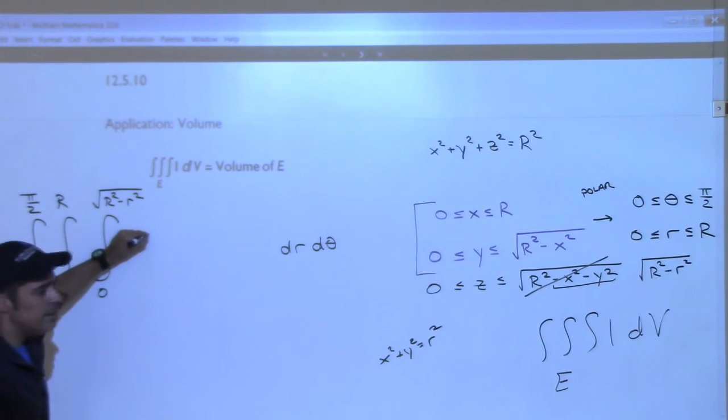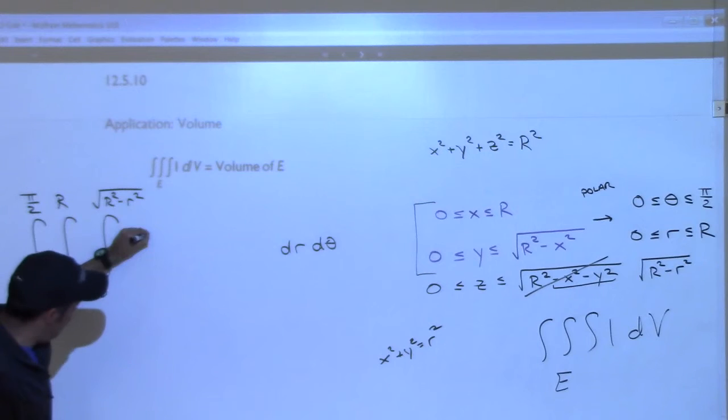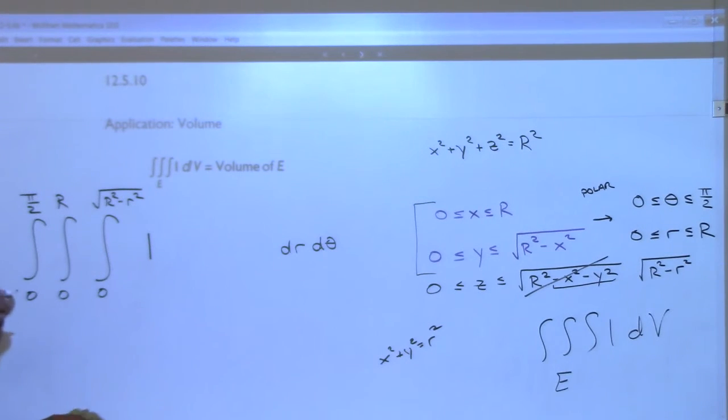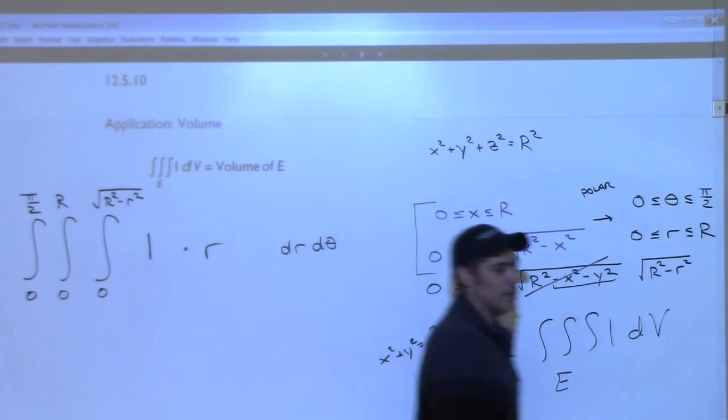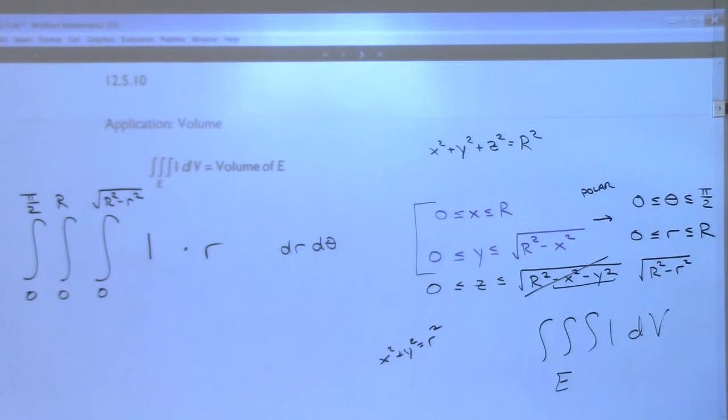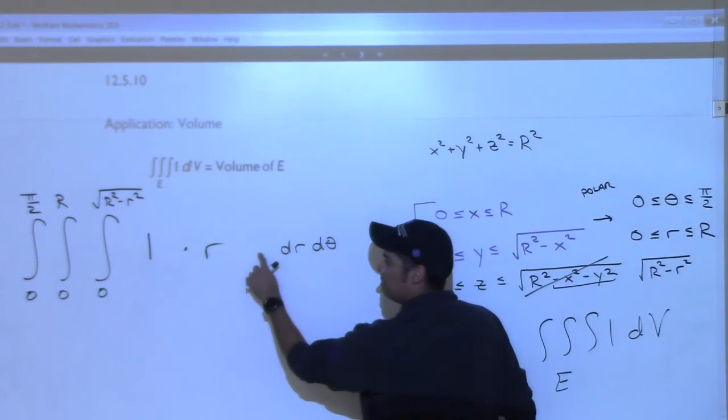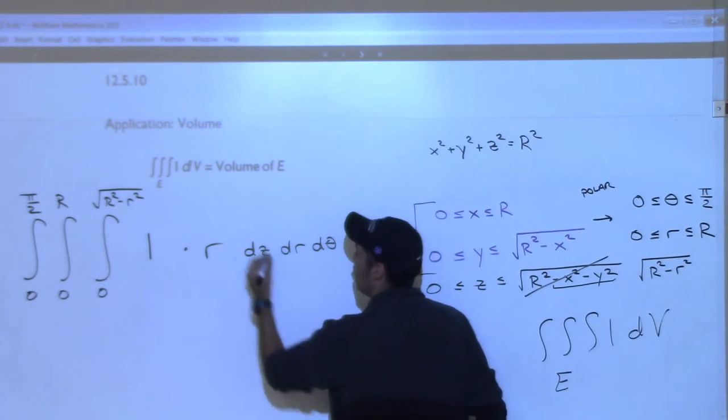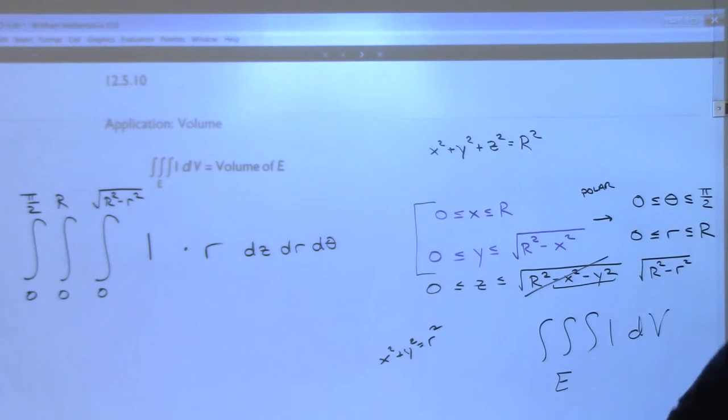And then I'm integrating 1, right? R, thank you. I have to have R in there. Why? Because I went to polar, right? Now, what's still here, though? D Z, and we are integrating with respect to Z. Even though Z appears nowhere, we are integrating with respect to Z.